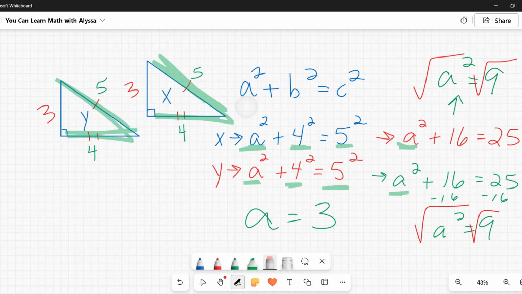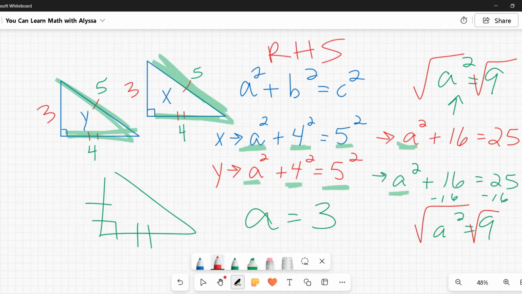And just keep in mind, you only need to use this when you have just a hypotenuse and a side. If you have two right triangles, and you have the two legs there, the two sides there, not the hypotenuse, you don't need to use this. You don't need to use a special right angle theorem for this. Well, I should say you can't use this because this is right angle, hypotenuse, side.